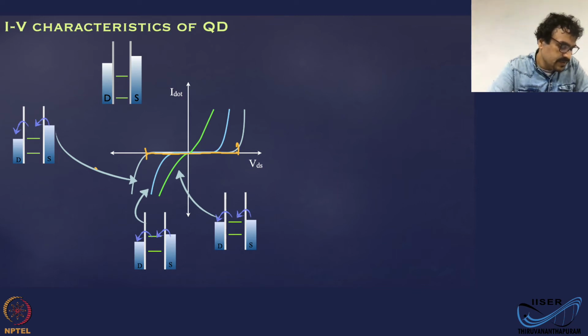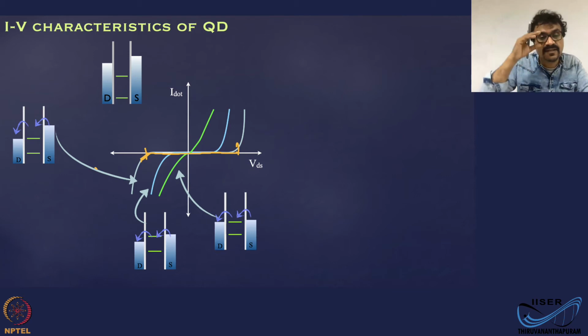Now, as we discussed, the current will get turned on when the bias can accommodate one of the levels within its window. Okay. But you can also get that level within the bias window at a lower bias by varying the gate.